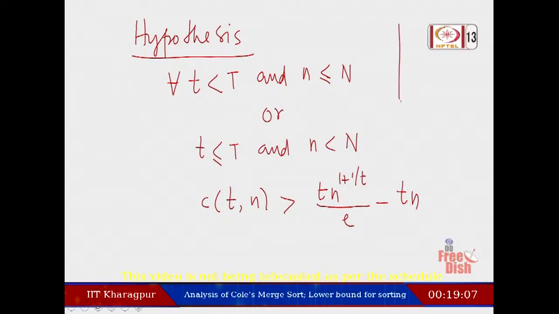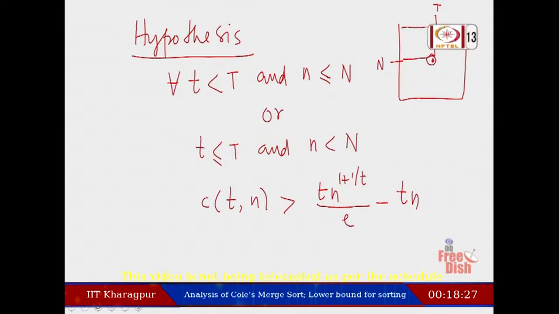So we are considering a particular value of capital N and capital T, and what we assume is that for every small n and every small t, at least one of them must be less than or equal to N or T, which means for all these values, for every value within this rectangle, the hypothesis holds, except for N and T. That is what we want to establish.